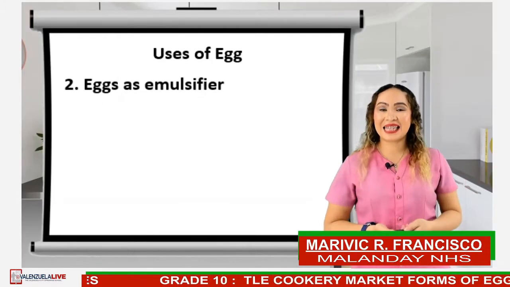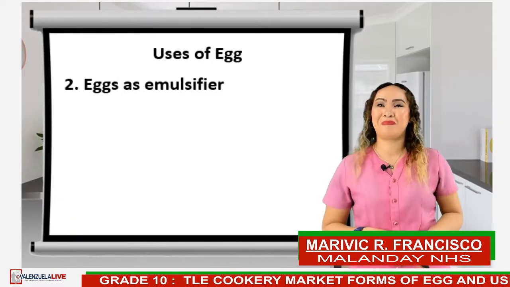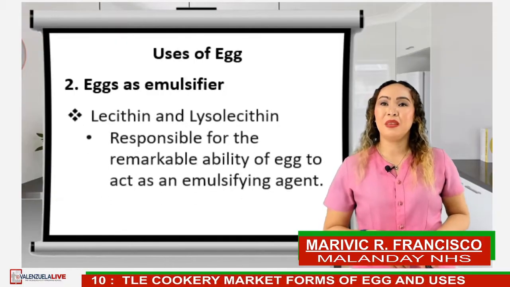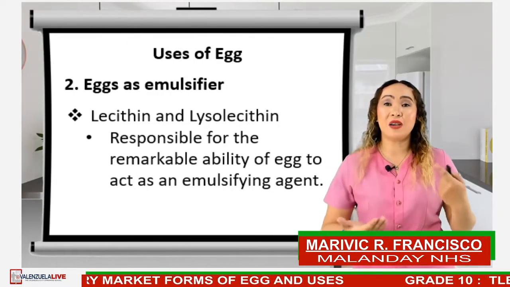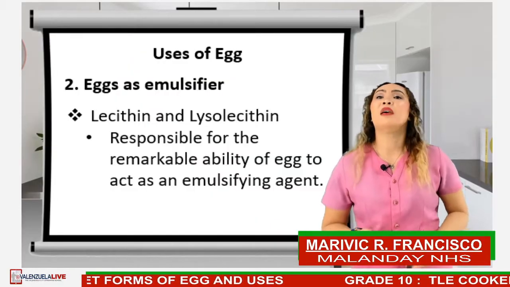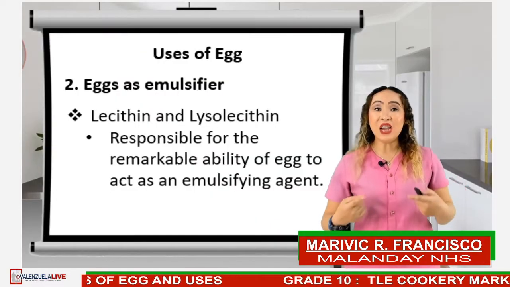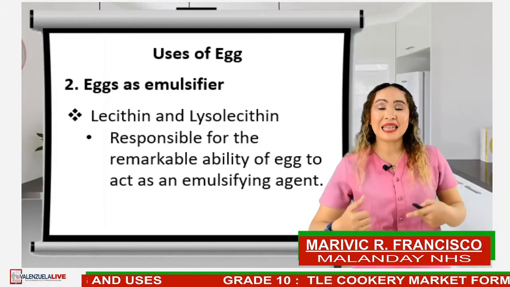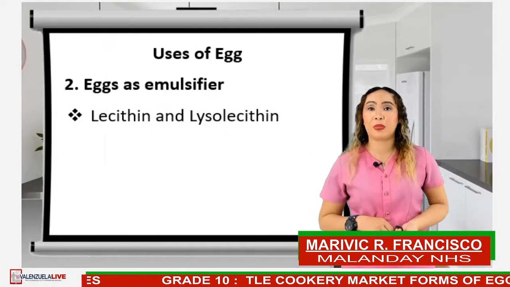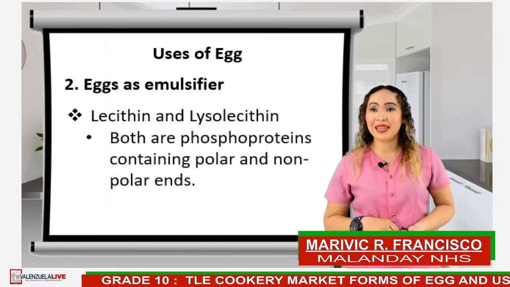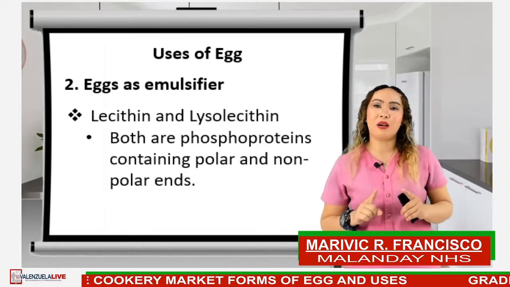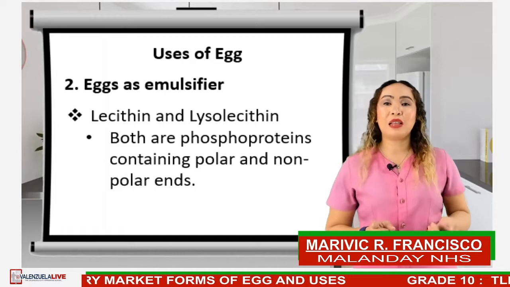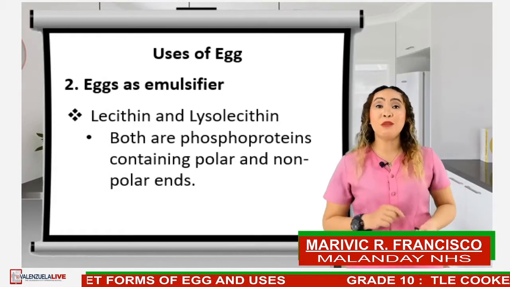Now, next. Eggs as emulsifier. The lecithin and the lysolecithin are responsible for the remarkable ability of egg to act as an emulsifying agent. The lecithin and the lysolecithin are both phosphoproteins containing polar and non-polar ends.